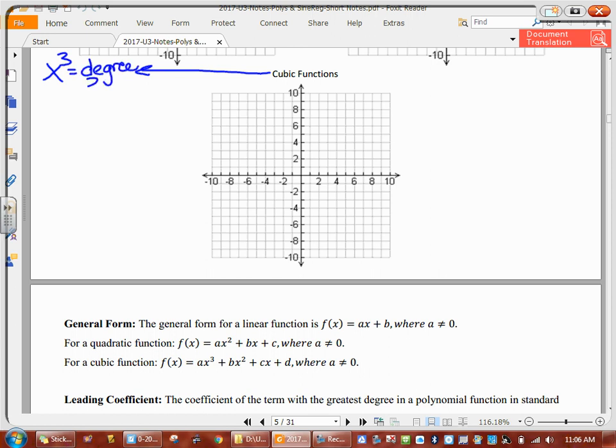So the maximum number of turning points is how many? How many times can it change direction for a cubic? 2. Okay, it's always going to be 1 less than the degree. So the maximum number of times it can change directions is twice. Now, we've also got a special situation. We've got a point of inflection.